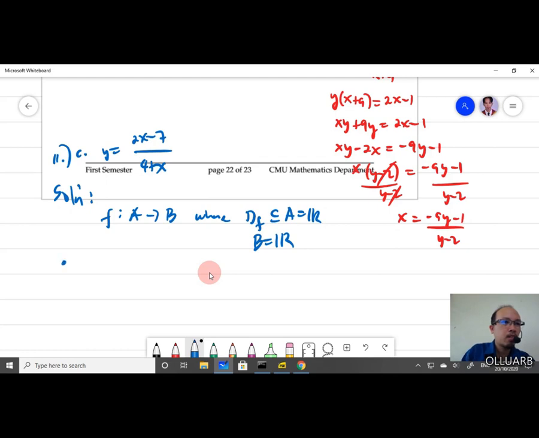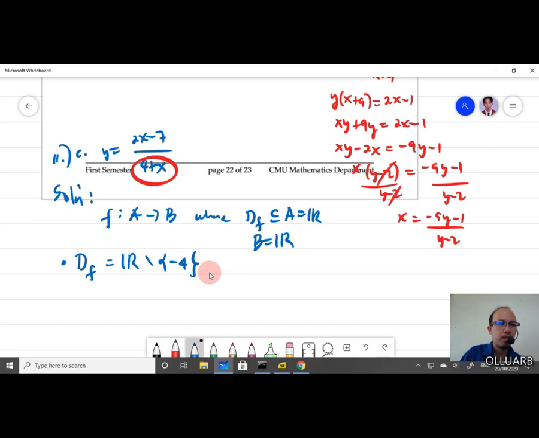Okay, so the domain of the function is the set of real numbers except -4, as you can see here in the denominator. The value of x for which this function is not well defined is when x is equal to -4. We have a 0 denominator.